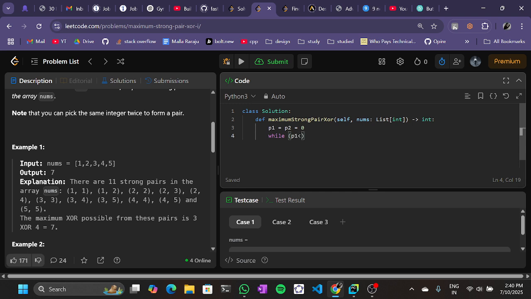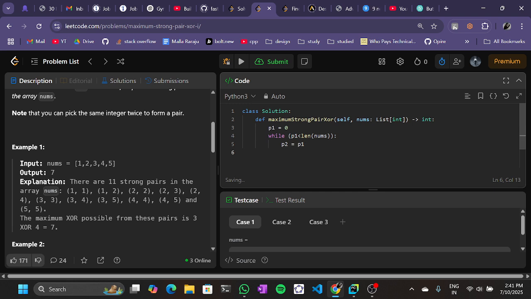And P1 is less than the length of nums. Actually, I don't need P2 here because we'll be creating P2 here.